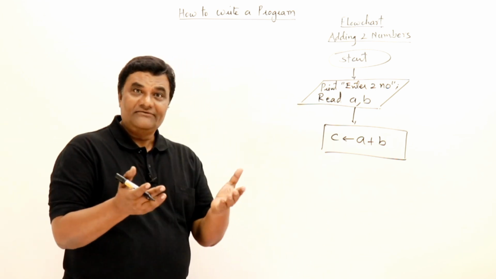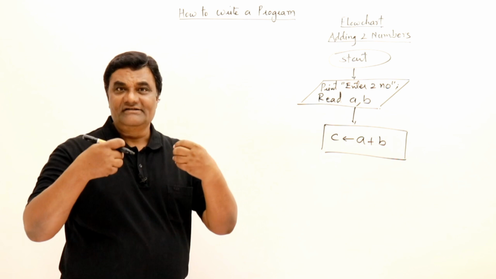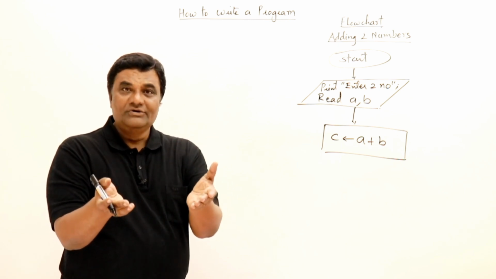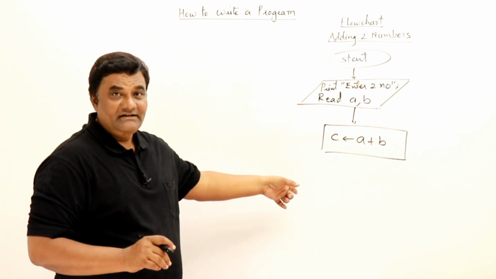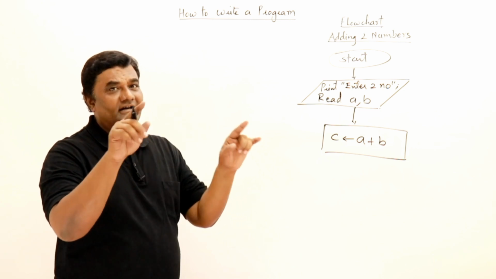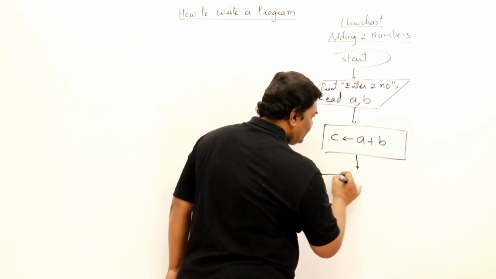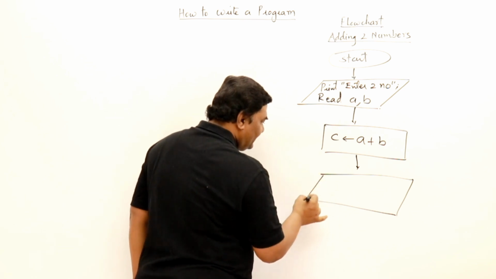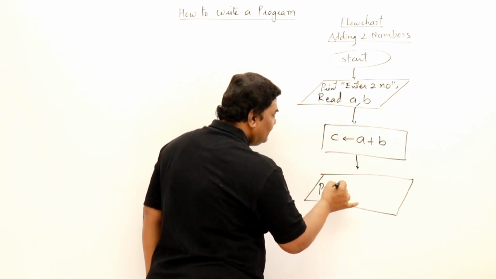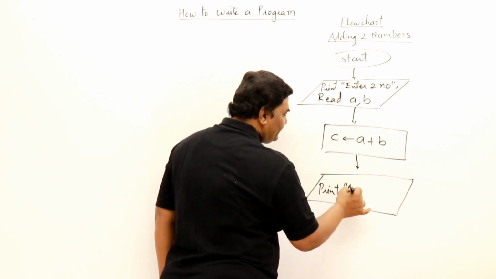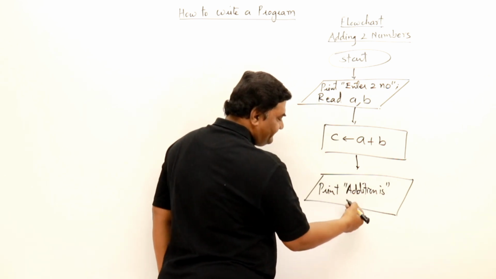Then, now I have the result ready. I should give the result to you. Say that the sum of two numbers is so and so. So that is output. So for output, again a parallelogram. So I will draw a parallelogram and give an output here. So here I will say print "addition is" in quotes.